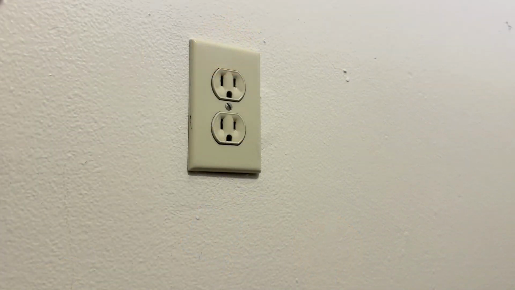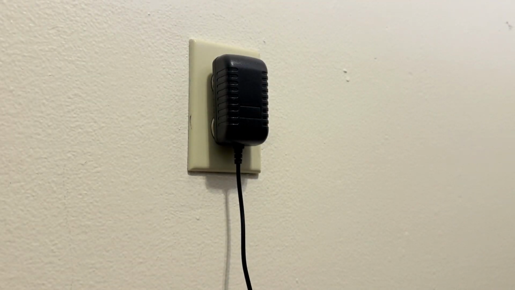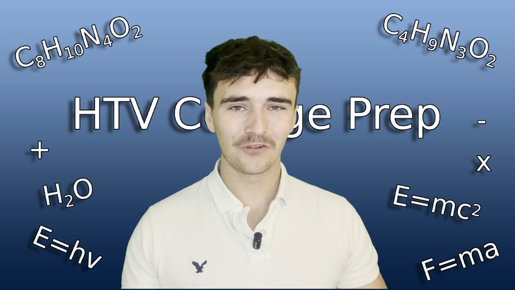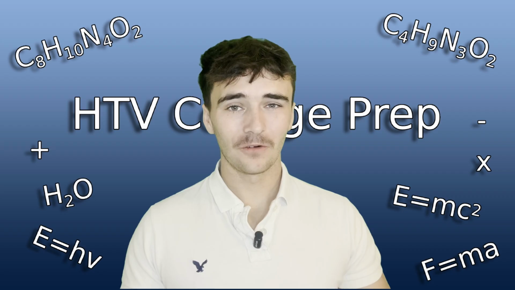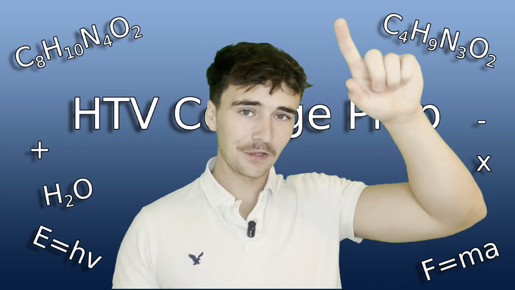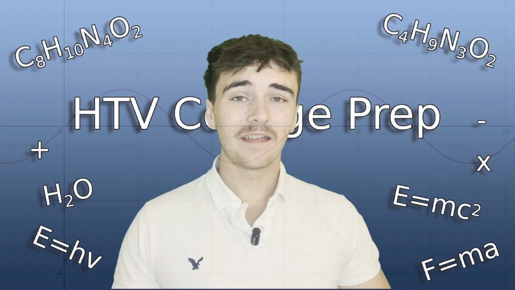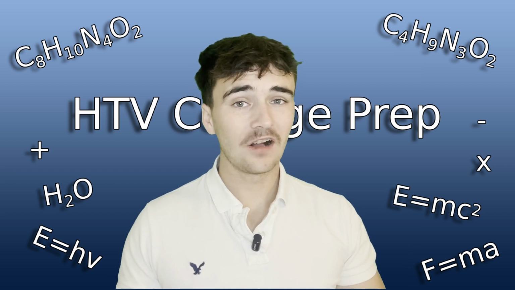Now let's talk about the electricity that comes out of an outlet, which is called alternating current. If you remember back in high school when you learned trig and you saw the sine wave or the cosine wave, it kind of makes this curvy shape, which I'll put on the screen right now. And that is exactly what the electrons are doing in your wall outlet.